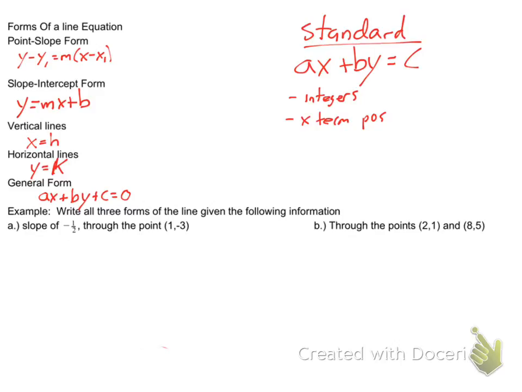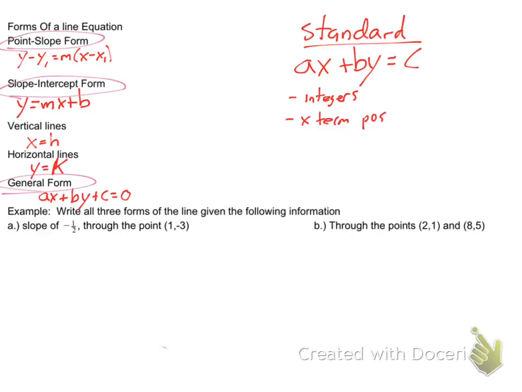So, for that next problem below, it says write the three forms, or all three forms. Technically, we could go as far as there's 4 forms. But I want not the standard form, we'll go to general instead.